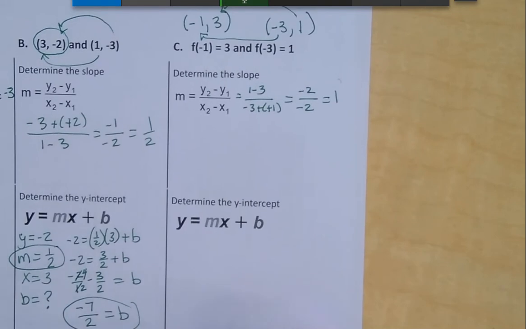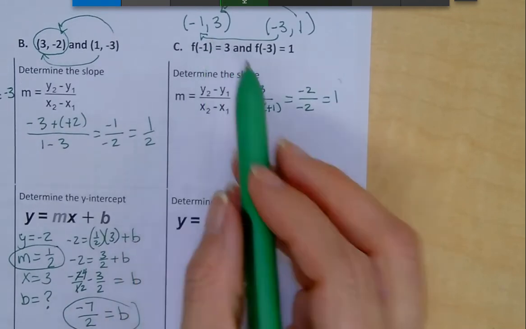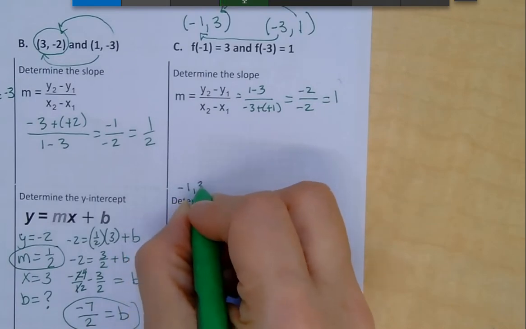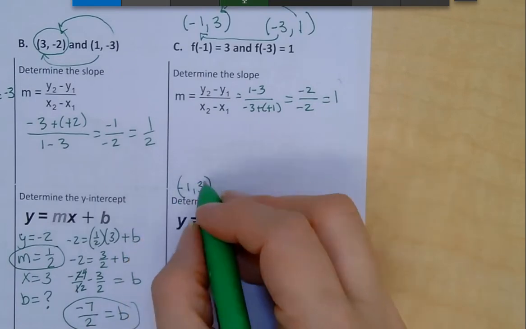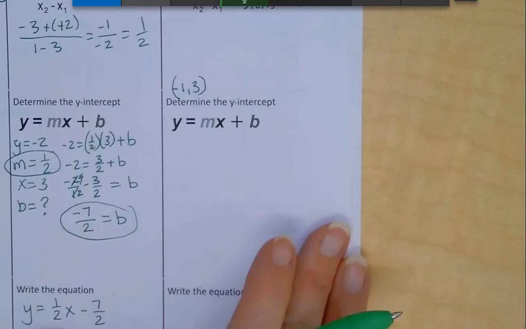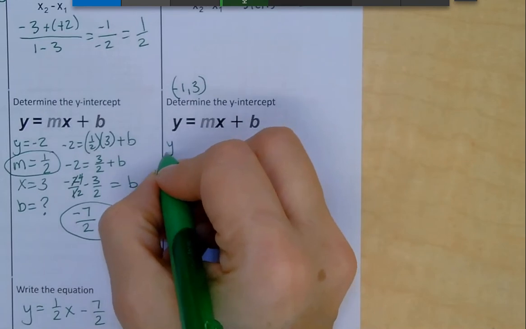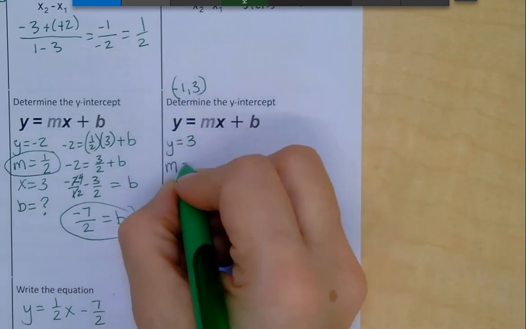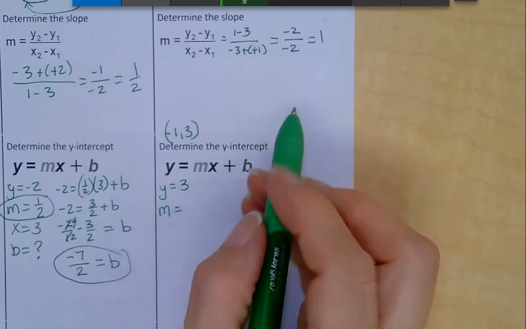I'm going to bring down one of these points. Actually, maybe I'll do both of these this time. This is -1, 3. And we know that our m is 1, so I'm just going to do the first point first, okay? My y value is 3, right there. My m is 1, we know because we calculated that.